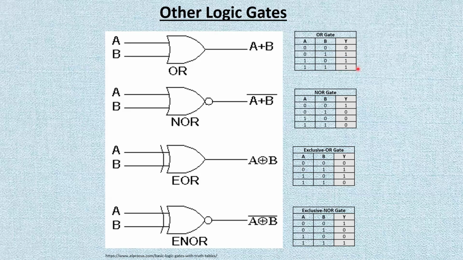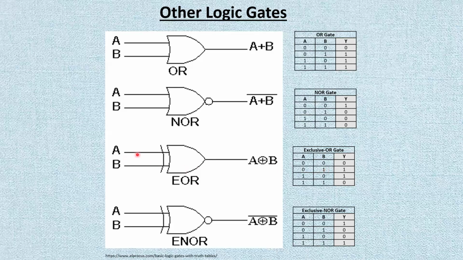In exclusive OR, as opposed to the regular OR gate, see there's that extra curved bar here. That is the symbol of the exclusive OR gate.